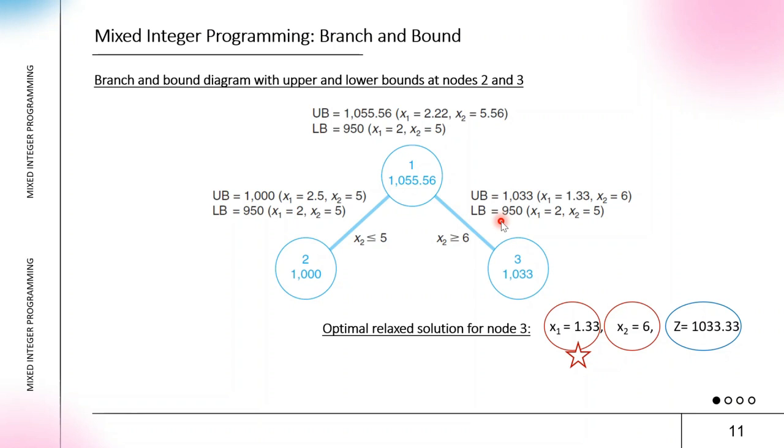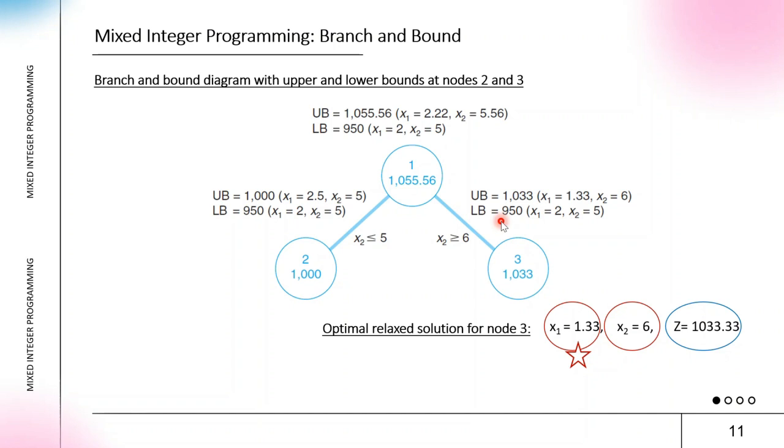The next step is to split the LP relaxed form of the optimization problem at node 3 into two new subproblems or branches. From which decision-making variable should we create branches? The answer is from the decision-making variable with the largest fractional part.